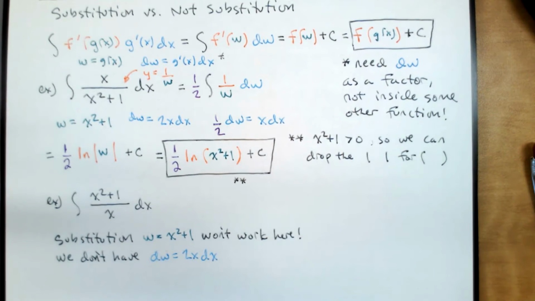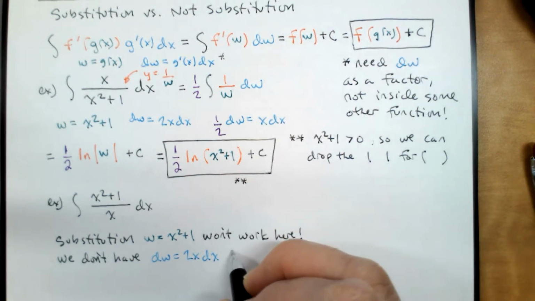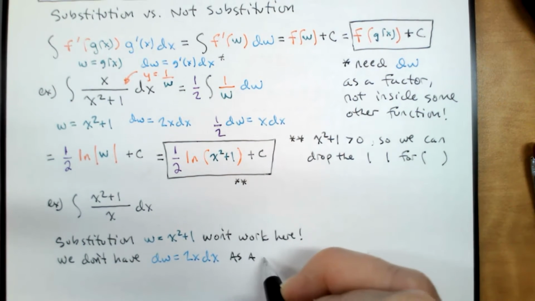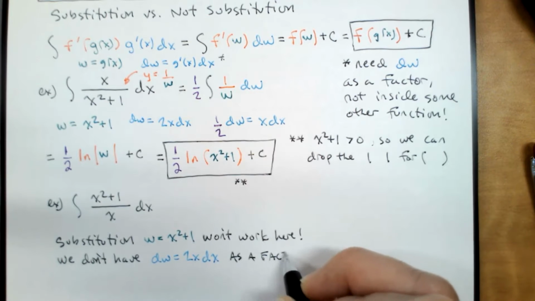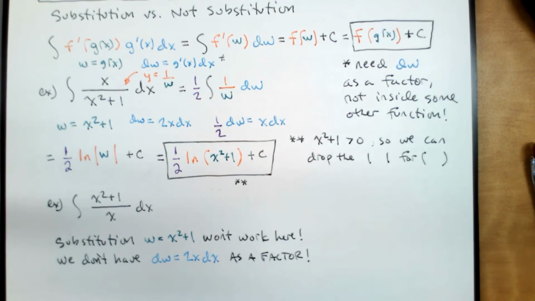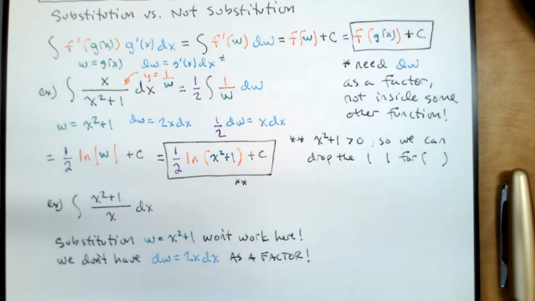We don't have a dw, which is a multiple of x dx, because the x that we have is in the denominator. That's a 1 over x, not an x.